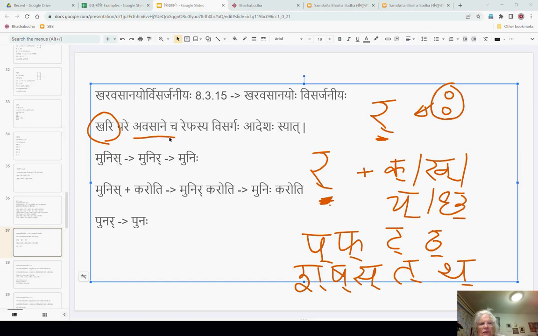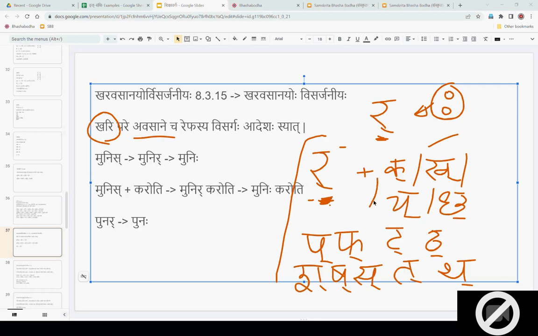So avasane, this is the second condition. So okay. The first condition is that ra is followed by one of these khar letters. Or after ra there is nothing. Avasana means end. Ra is the end. Okay.